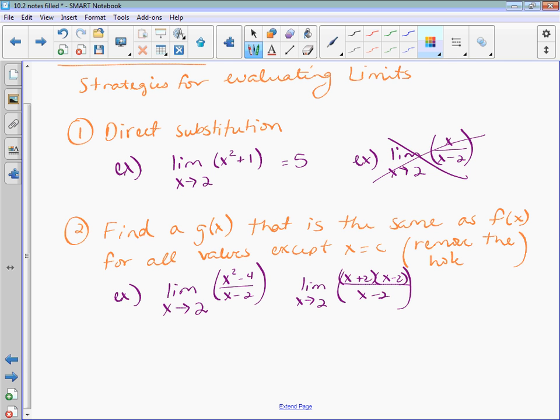So you guys see how you can cancel out that factor? Remember, that's a hole in your graph. Yes, okay. So we can get rid of that guy. Now you can do your direct substitution, and what would our limit be? 4, yes. You okay with that? Pretty easy so far?